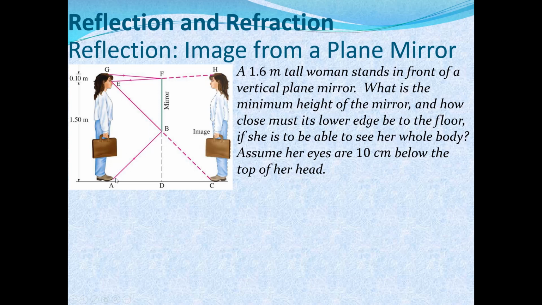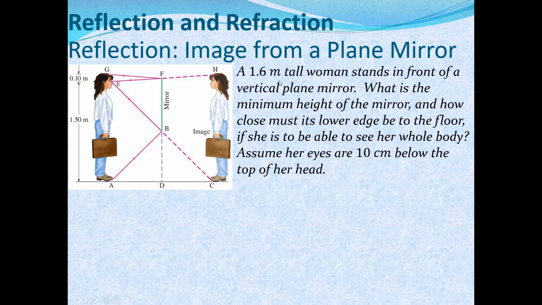Likewise, a similar thing could be said about her feet to her eyes. The incident angle is the same, and the vertical distance up is equal to the vertical distance up on the other side. So the bottom of the mirror has to be directly in the middle between the foot and her eye, since they're the same distance apart. So this mirror would have to be at minimum half her height.